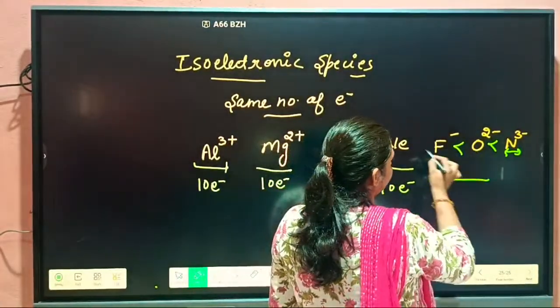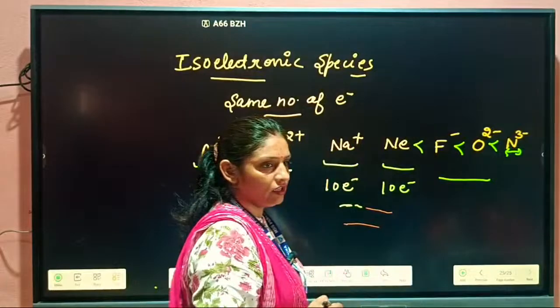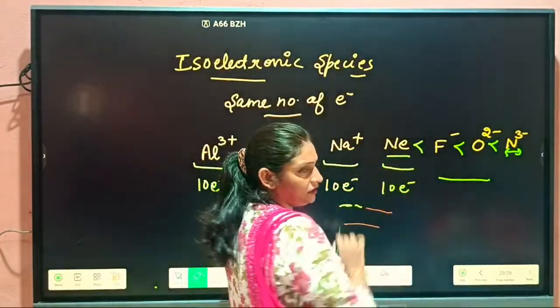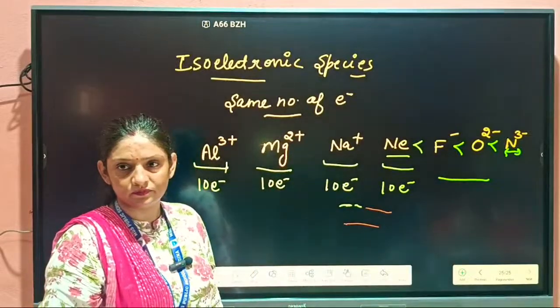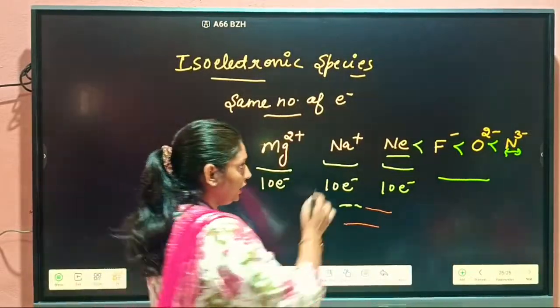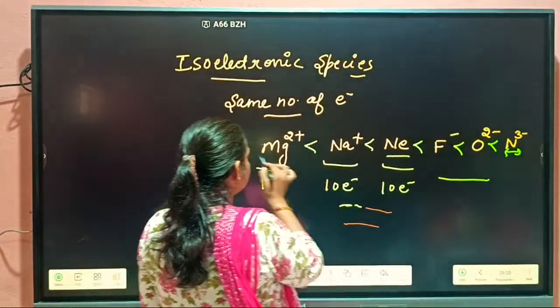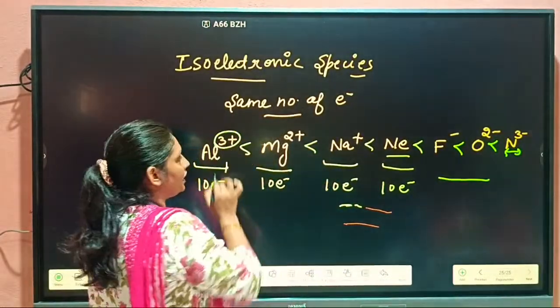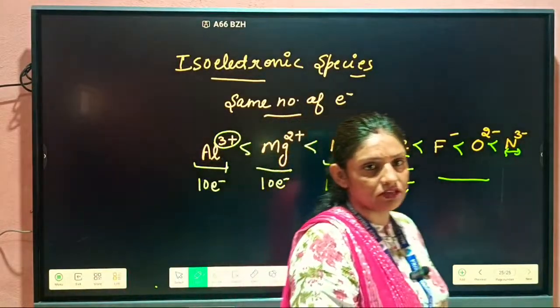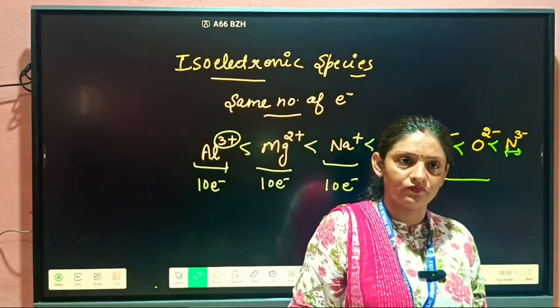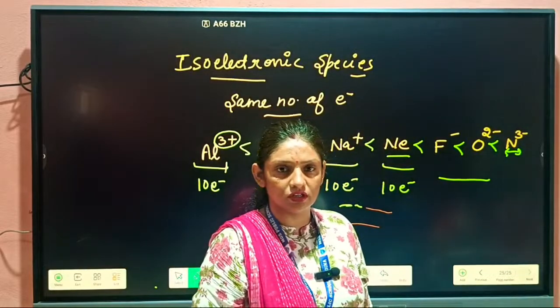Then O2-, then fluorine, then the size of the element, and then the size of the cations. If positive charge increases, then size decreases. It is clear to you or not, students?